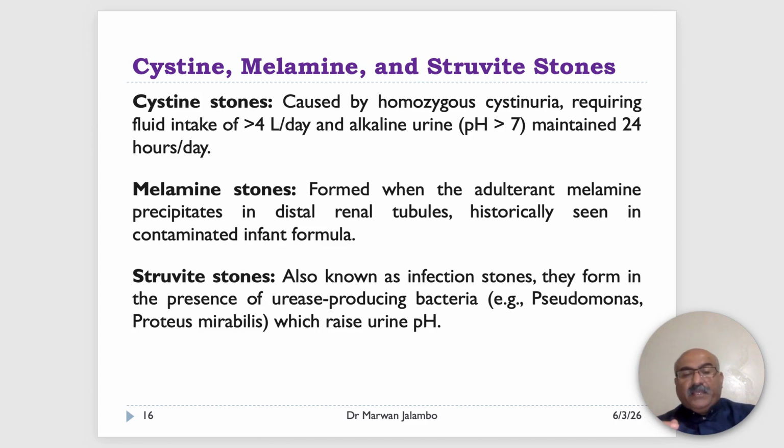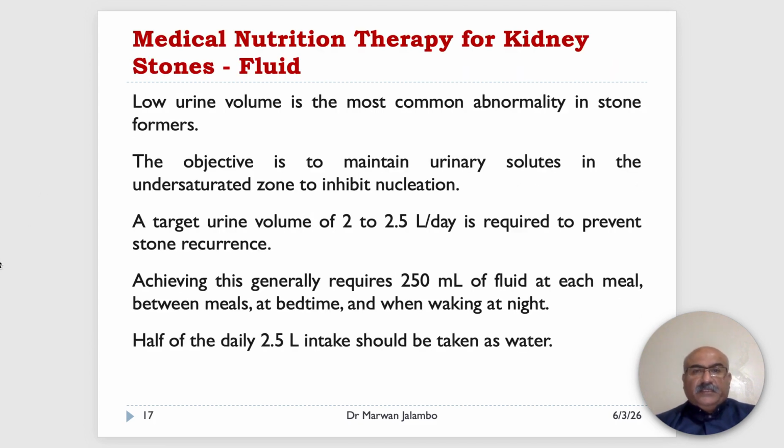So, how do we treat these stones nutritionally? Let's start with fluid management, which is the first treatment. Medical nutrition therapy for kidney stones by fluid. Low urine volume is the most common abnormality in stone formers.